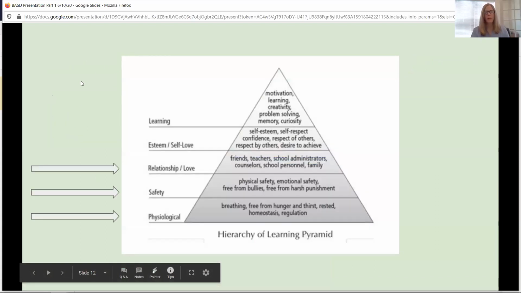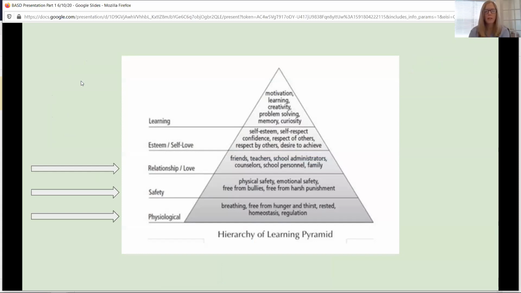So you've probably seen this hierarchy of learning pyramid before. Up at the top of the pyramid, that's where we do our best learning. Once our needs have been met, then we're motivated. We have our creativity, our ability to learn and problem solve, all that good stuff that leads to just a great learning environment.